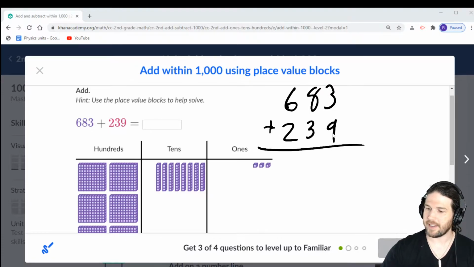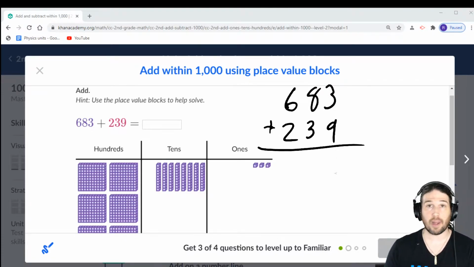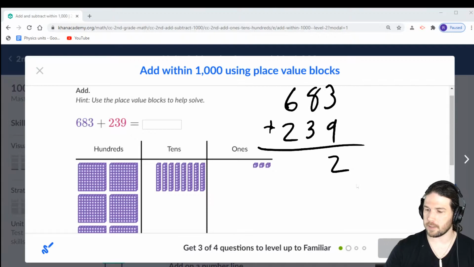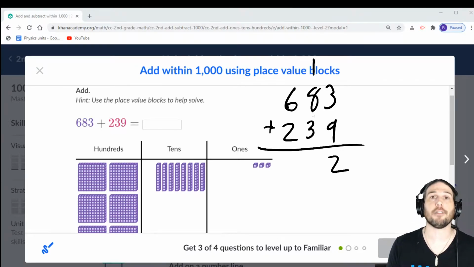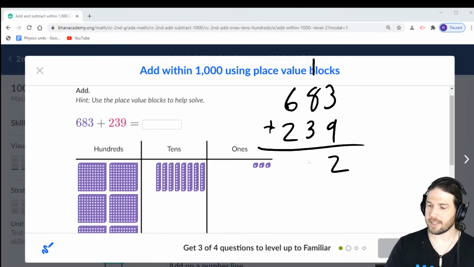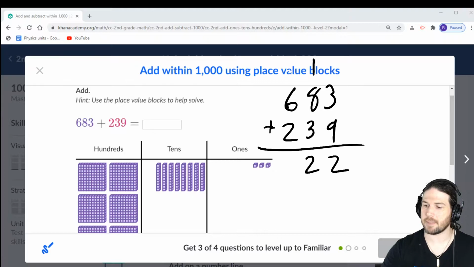So if I do 9 plus 3, well, that's 12. So I'm going to put the 2 ones in the ones place, and I'm going to take those 10 ones from that 12, and I'm going to move it into the tens place. So I have 8, 9, 10, 11, 12 tens, right? I have 12 sets of 10. So that's 2 sets of 10. And then the 10 set of 10 becomes a 100.